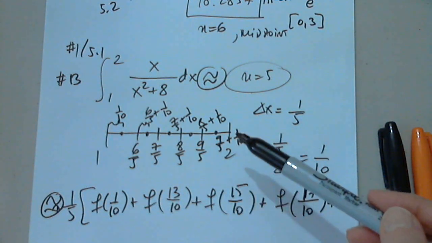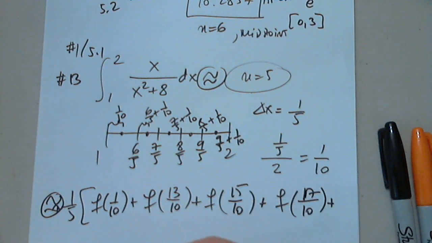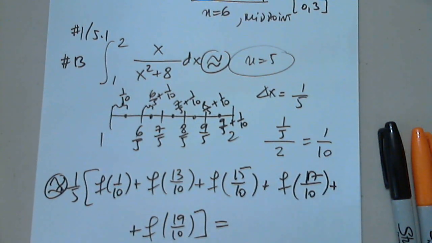I need one more. Yes, 9/5 plus 1/10, so this is 19/10. At this point, I can't do any of this. I need to put it in the calculator.